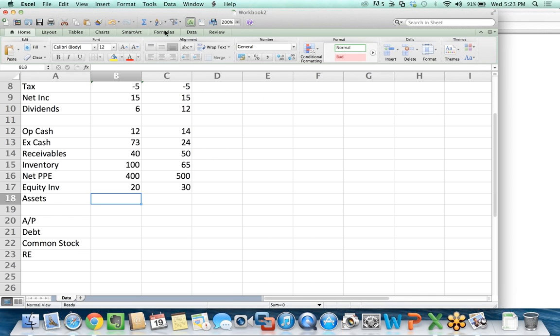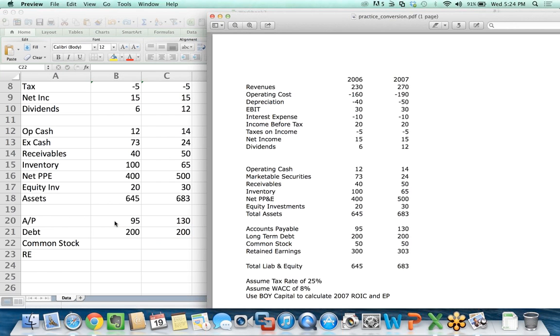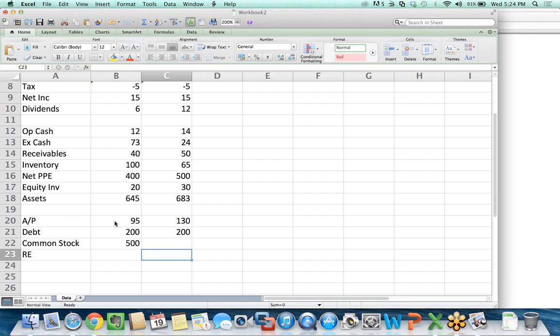And that should total up my assets, 645 and 683. And this would be 95, 130. Debt is 200. Common stock is 50. And 300 and 303. So theoretically, if I sum these up, I get the same liabilities and equity as I do my assets.